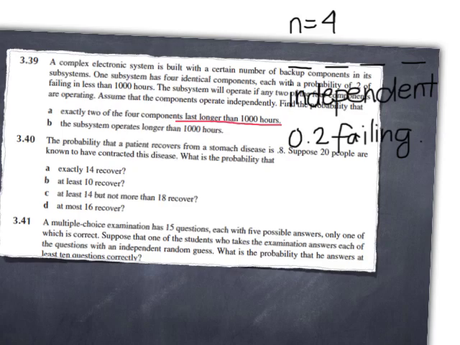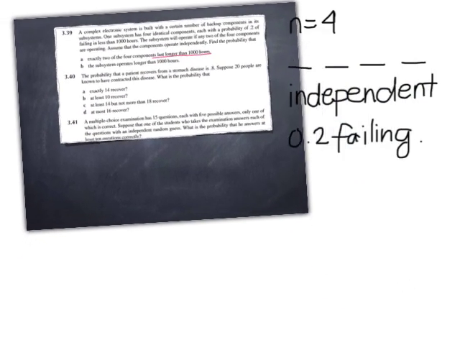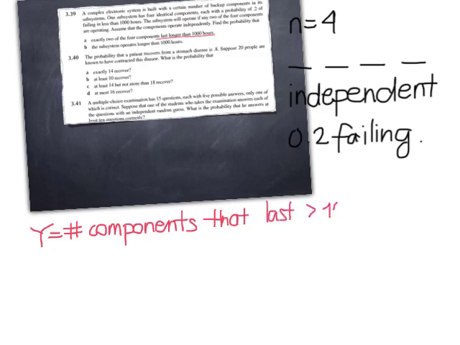In this case, they are asking us about the components that last more than 1,000 hours. So we need Y to be the number of components that last more than 1,000 hours. So the probability should be the probability of a component to last more than 1,000 hours. So the probability of success is 0.8.